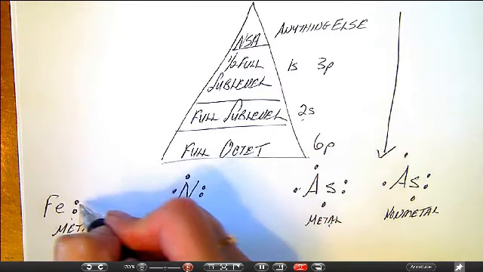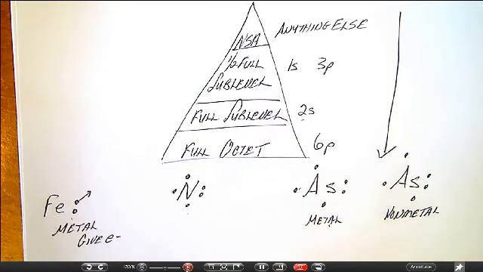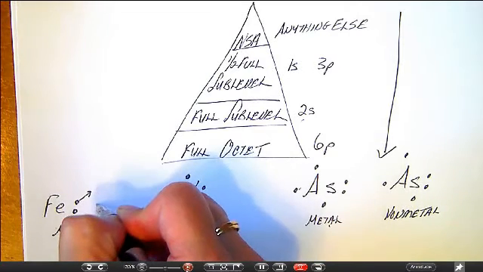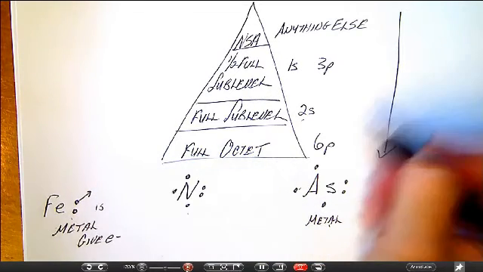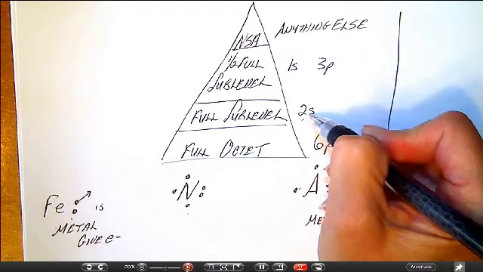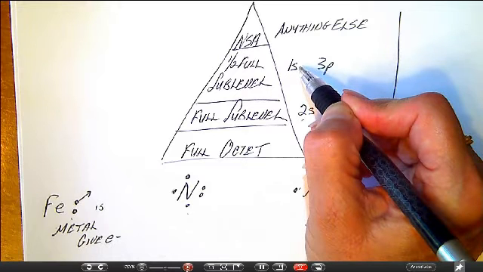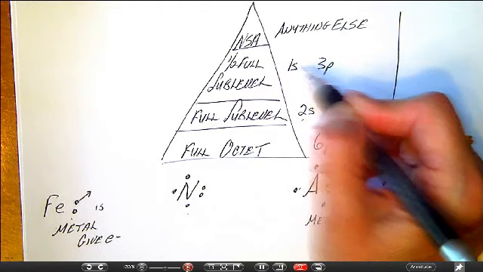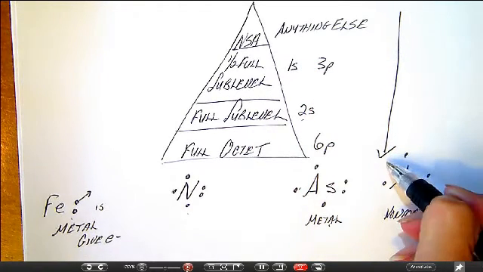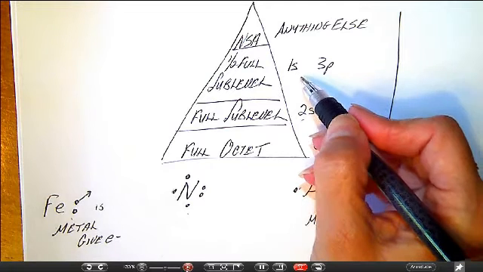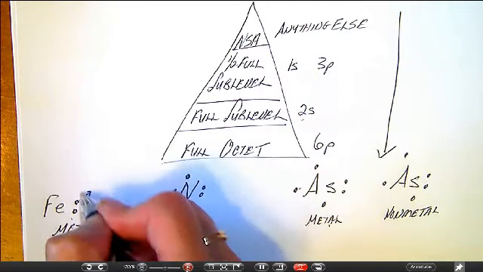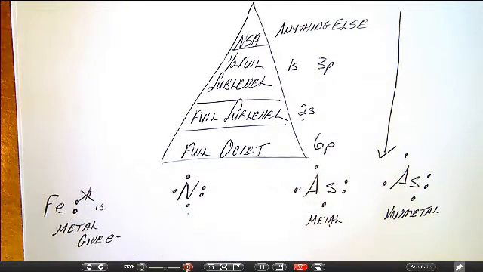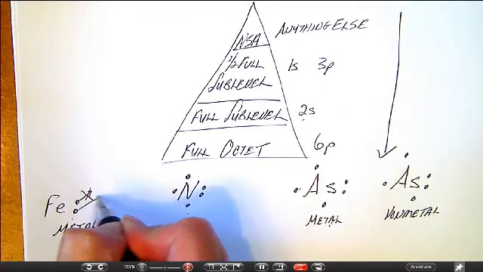So we'll give away 1. That means we now have 1 s. Well, we've gone from a full sublevel to a half sublevel. That's not more stable, because remember, stable is down, so we're actually less stable than before, which means that this is not an oxidation number. We'll give away our second electron.